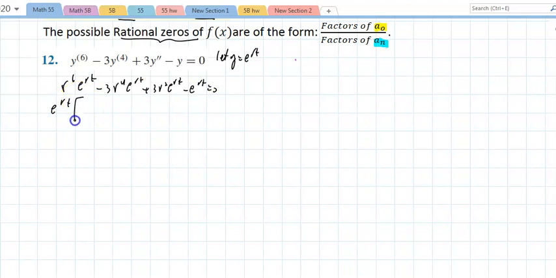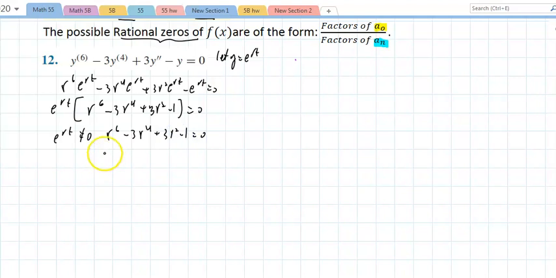Factor e to the rt out. You will have r to the 6 minus 3r to the 4th plus 3r squared minus 1 equals 0. e to the rt can never equal 0. It must be that r to the 6 minus 3r to the 4th plus 3r squared minus 1 equals 0. Factoring here could work. No, it doesn't work.